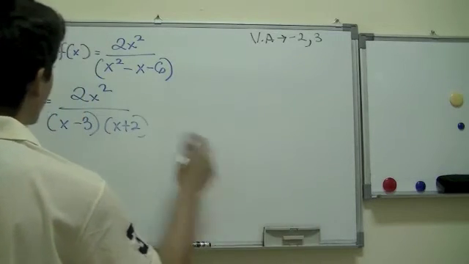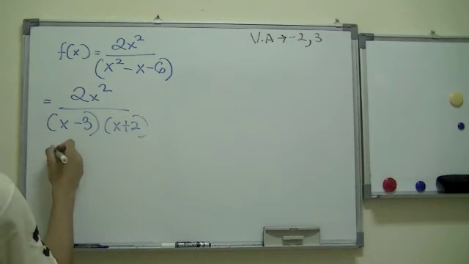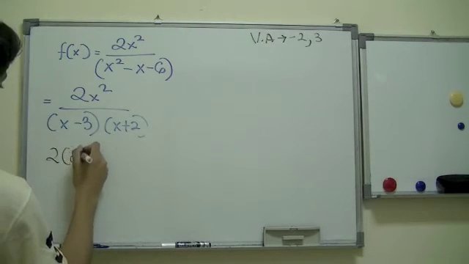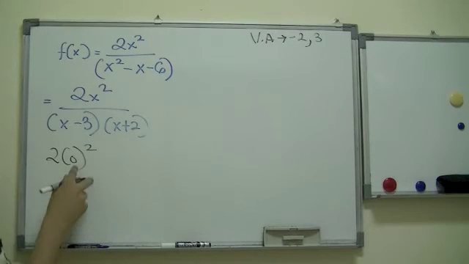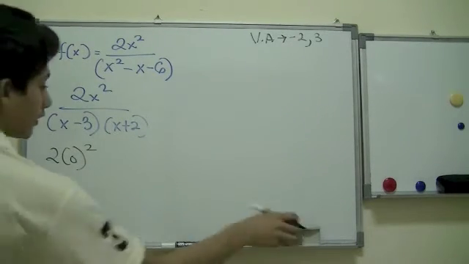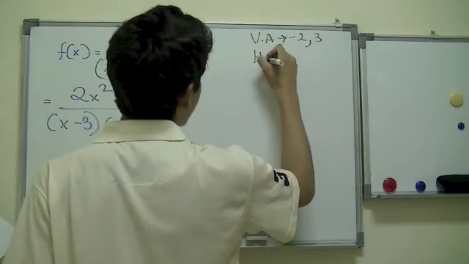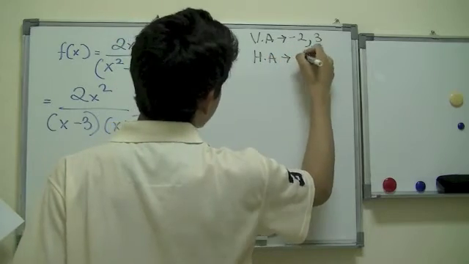What can x take on to make this whole thing 0? If 2 times 0 squared is 0, so the horizontal asymptote is at 0.